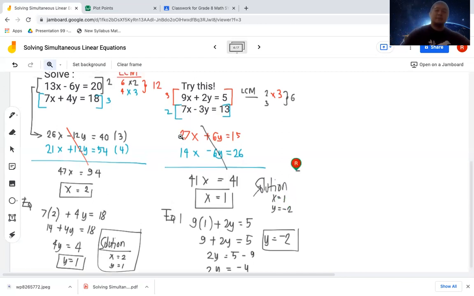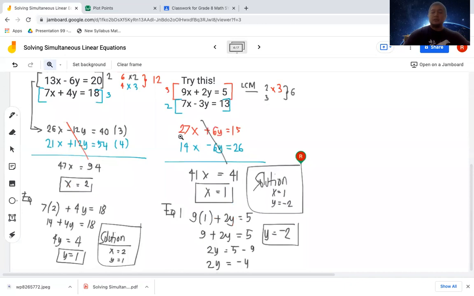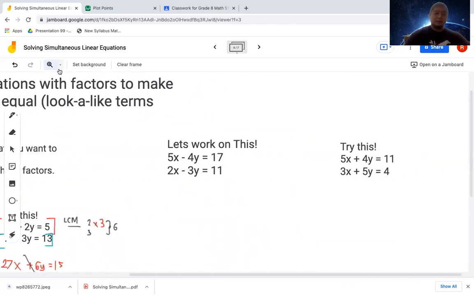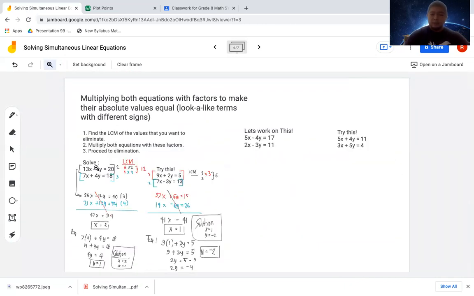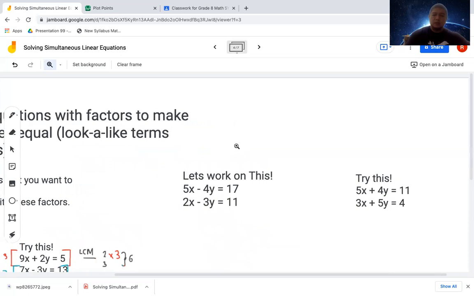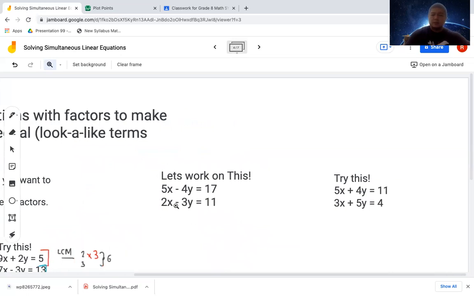All right, now let's go to this particular part. Okay, so this one is applicable if we are going to have two different signs and it's easier for us to eliminate them. Now, what if the situation is like this? So as you can see, both x's are positive and both y's are negative.